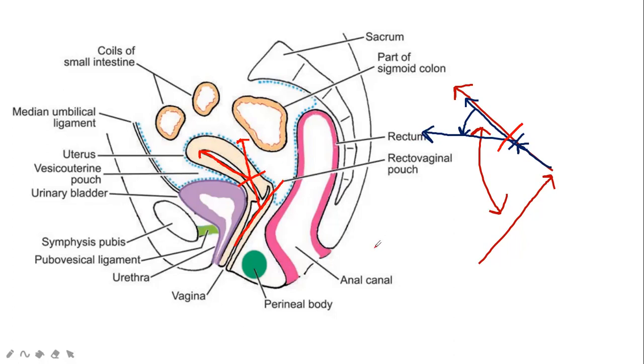So you can have retroversion, where the body of the uterus as well as the cervix are within the rectouterine pouch, the pouch of Douglas. That normally happens when one has pregnancy and the uterus goes up.